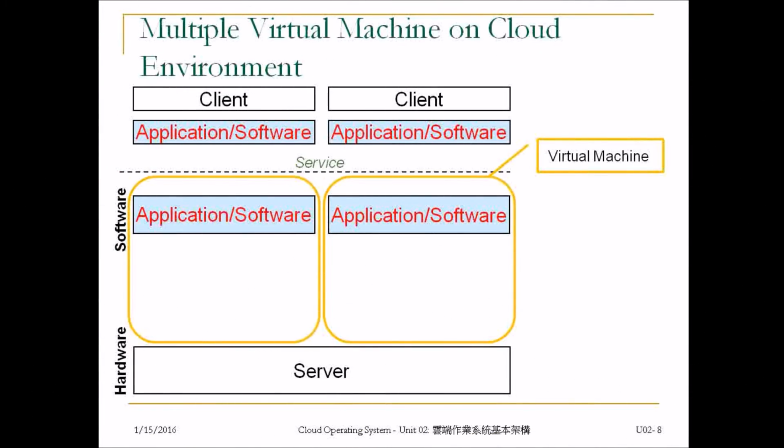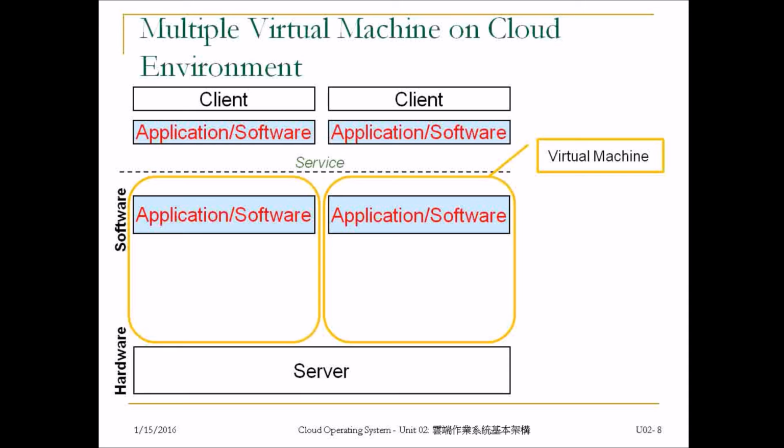So, how can we establish multiple virtual machines in the cloud environment? It's very interesting. In essence, the physical servers or physical computing resources will be merged or integrated as one computing resource pool. In this example, there may be two client users connecting to the cloud platform. Each client user tries to establish their own virtual machine.